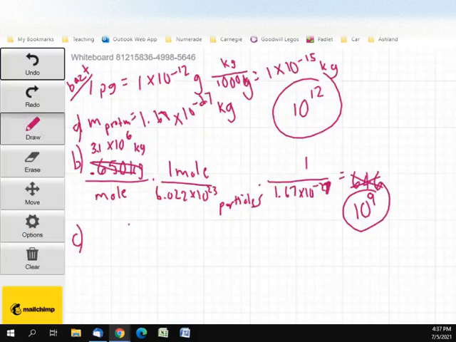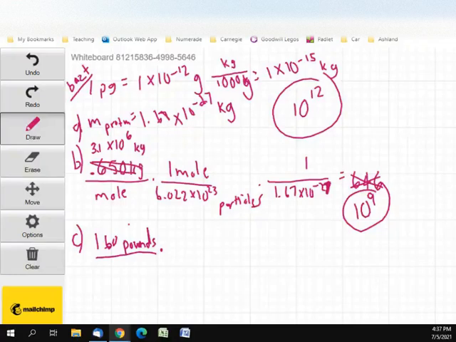Okay, C. Let's see if we can start with a better weight here. Human body. Well, the human body, on average, is probably around 160 pounds. Okay, so I think there's 2.2046 kilograms in a pound.